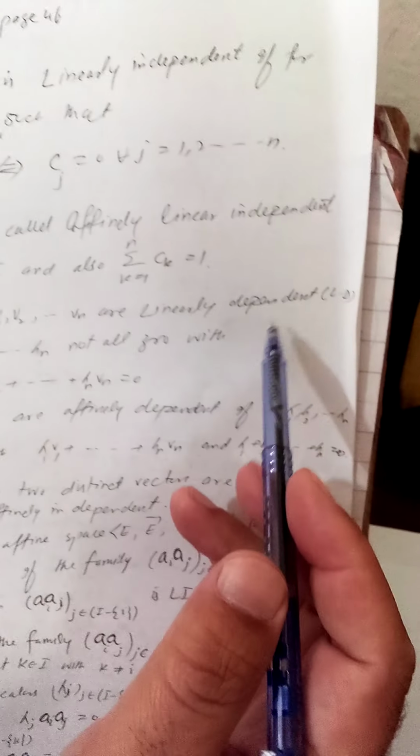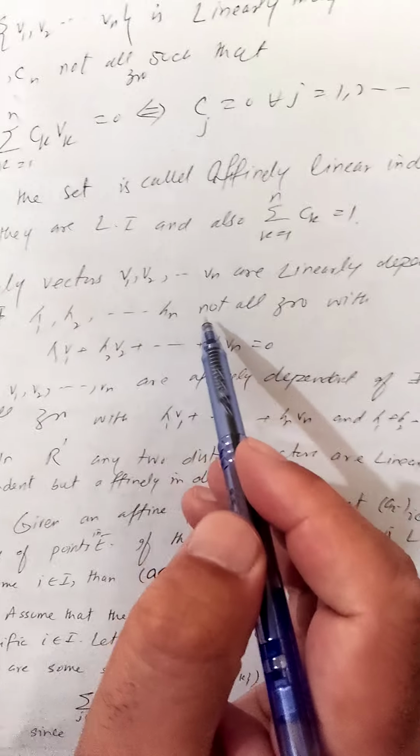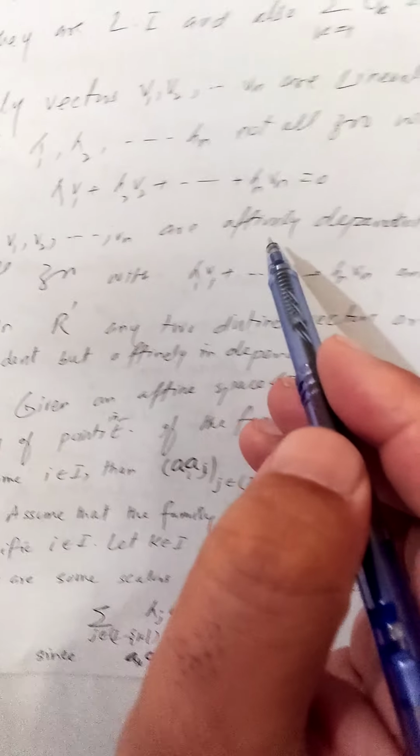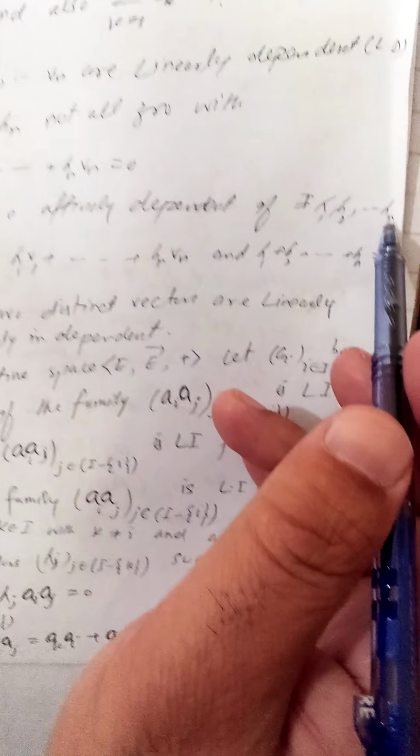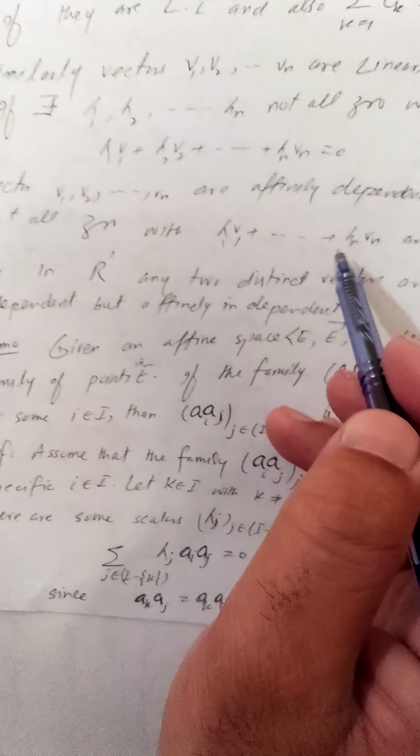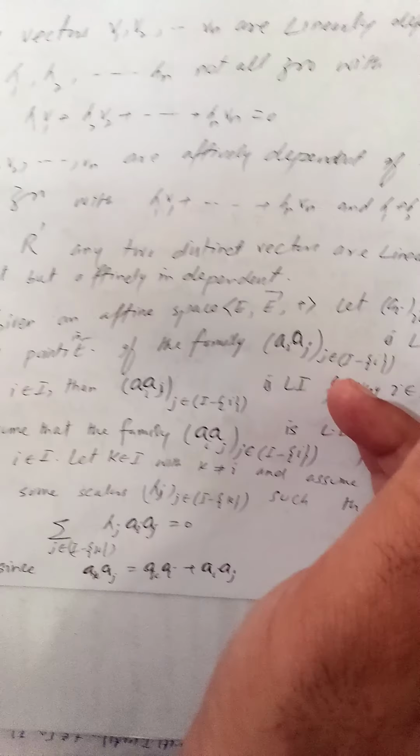Similarly, vectors v1, v2, ..., vn are linearly dependent vectors if there exist lambda 1, lambda 2, ..., lambda n not all 0 with the linear combination lambda 1 v1 plus lambda 2 v2 plus ... plus lambda n vn equal to 0. Vectors v1, v2, ..., vn are affinely dependent vectors if there exist scalars lambda 1, lambda 2, up to lambda n not all 0 with the linear combination and the sum of the scalars becomes 0.